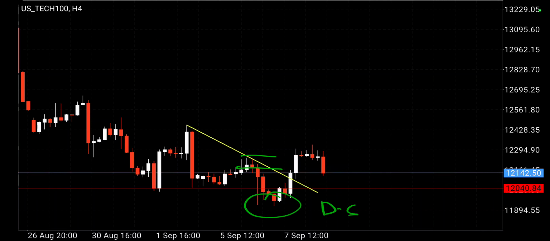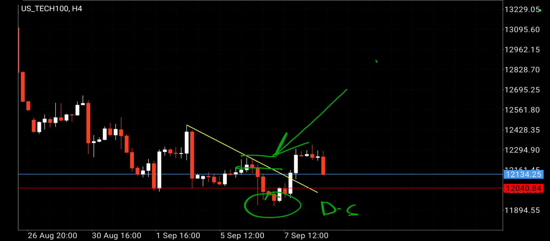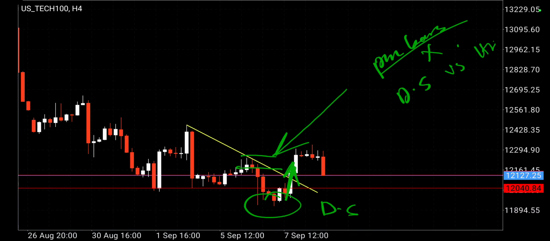So what you need to understand is that this resistance was not a good area for you to just go and maybe place a limit order, because, look at it, the candlesticks around it are formed by pin bars. It's not a good zone. And again, when the price was going back to the zone, it was coming from daily support versus your H4 resistance.